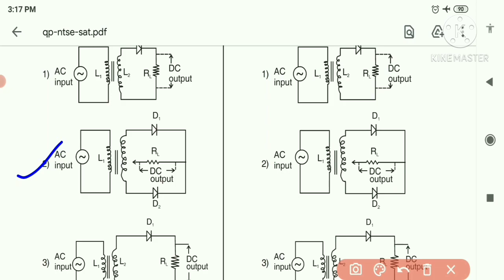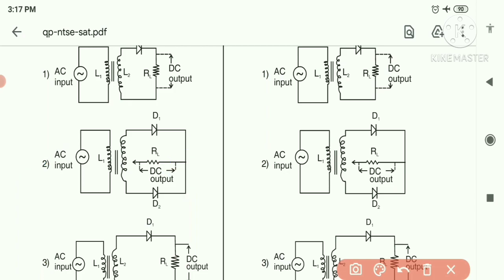So AC input, load 1, load 2 is given here, and D1 and D2 are the diodes, and the load goes to the output, DC output. So that is why the second one is the correct answer.